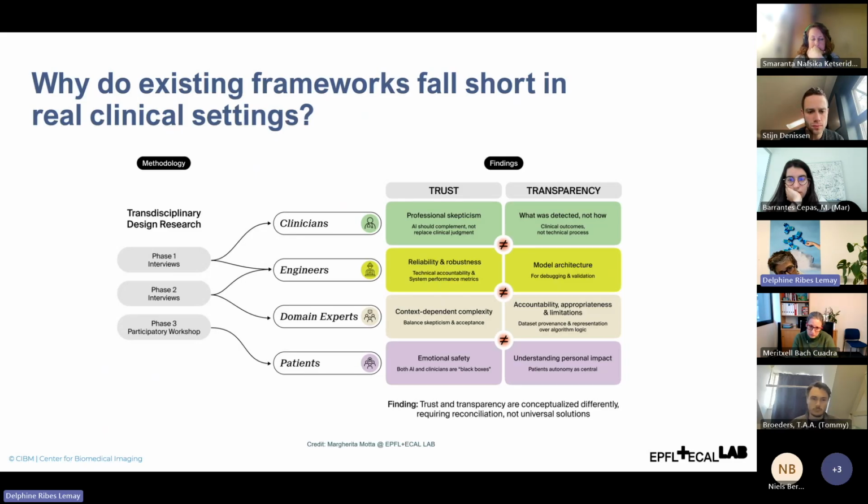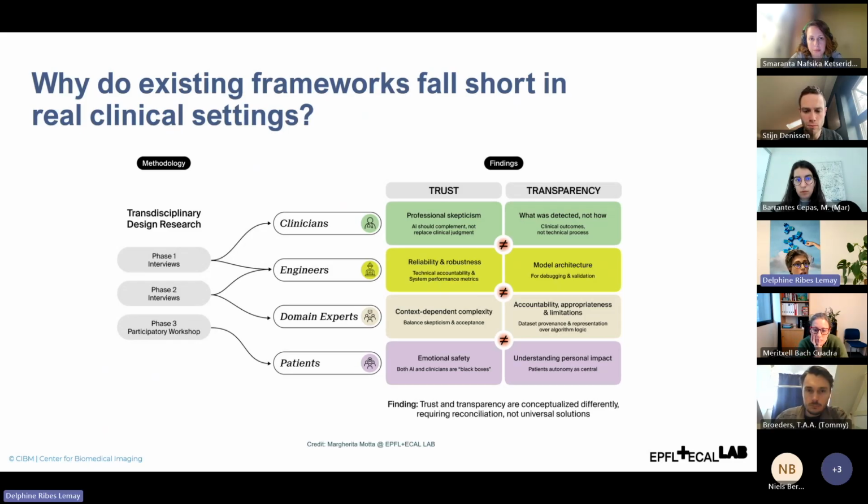And this is the result of the paper I've proposed today, which displays that depending on the discipline, so depending on whether you are a clinician, an engineer, a domain expert, someone in law, someone in ethics, or a patient, you have different opinions and different needs about trust and transparency. If you don't take that into account when you develop those methods, then you have concepts which are different, and you need to have reconciliations.